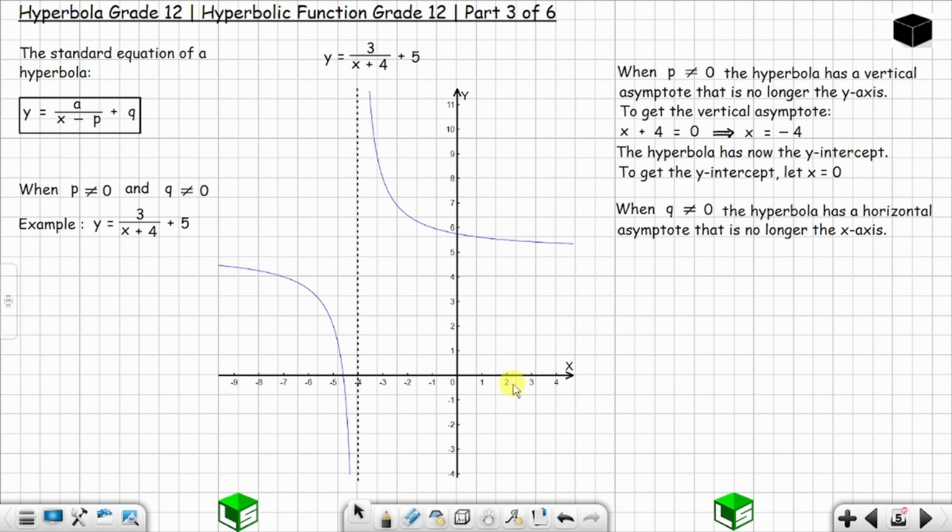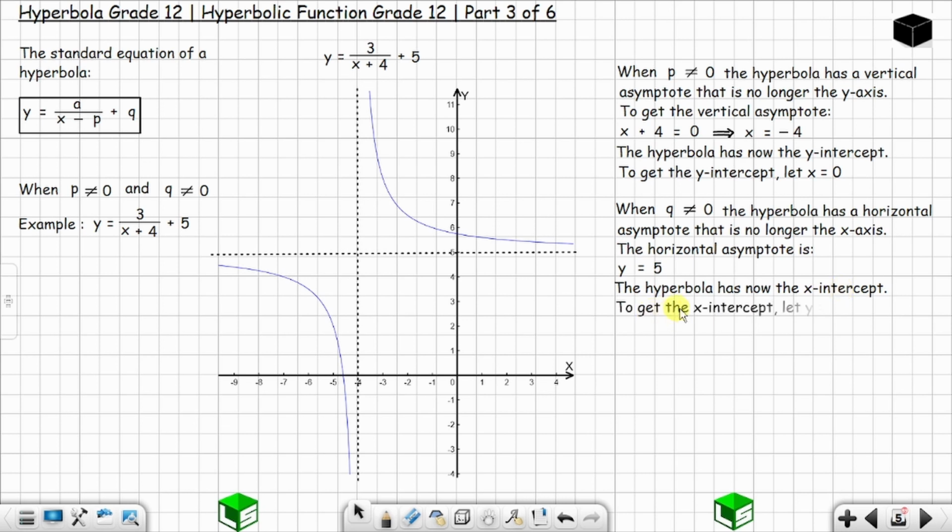You can see the horizontal asymptote in this example is y is equal to 5. This is how you get the horizontal asymptote. You take that value, y is equal to that value. Because q is not equal to 0, the hyperbola has got now the x-intercept. To get the x-intercept, you know it, you let your y equal to 0.